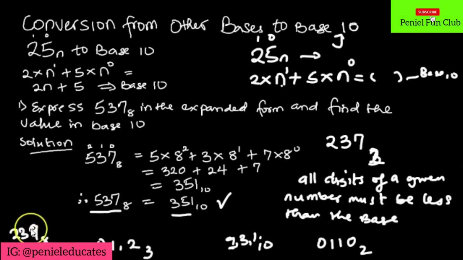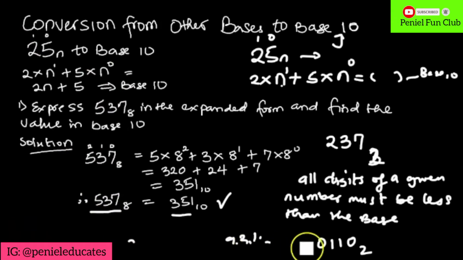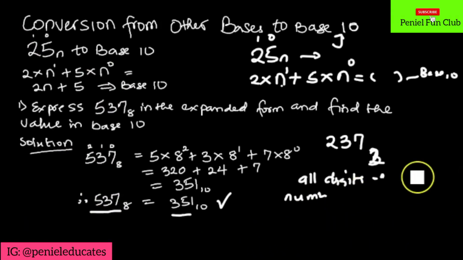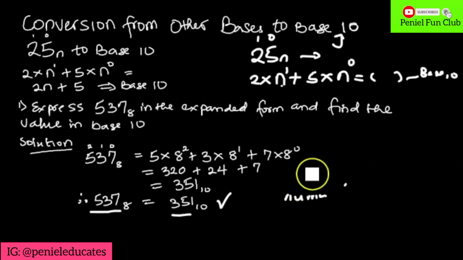So the digits here for the base that you're talking about must be less than the base itself. That is the logic behind how you can recognize which base the number that you are given is in.